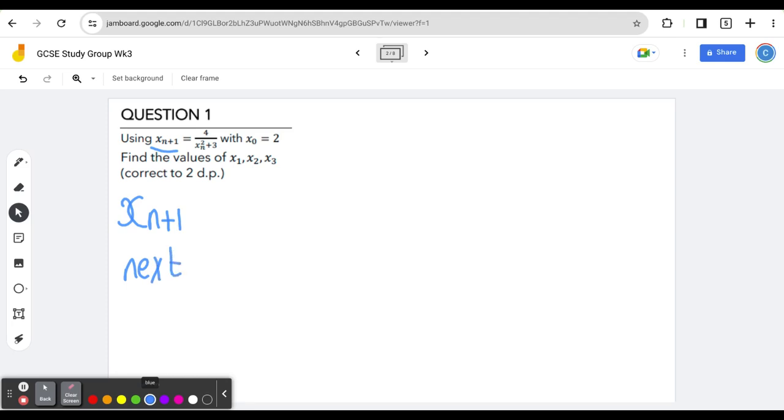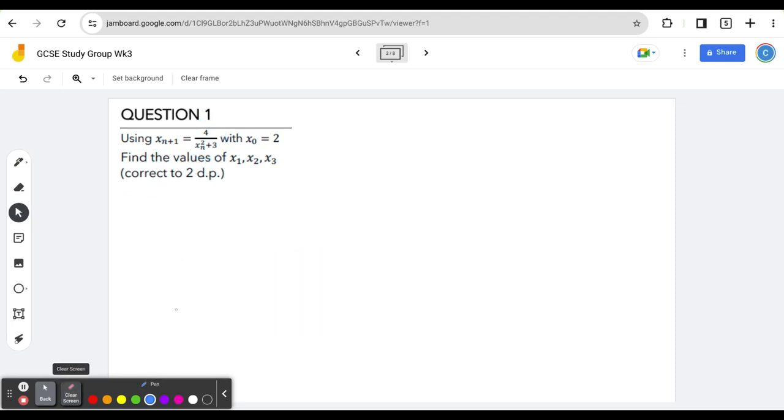And to be able to obtain the next term, somewhere in the equation is the previous term. So can you see we have xn present? So the previous term is present. So we always need the previous term to obtain the next term.